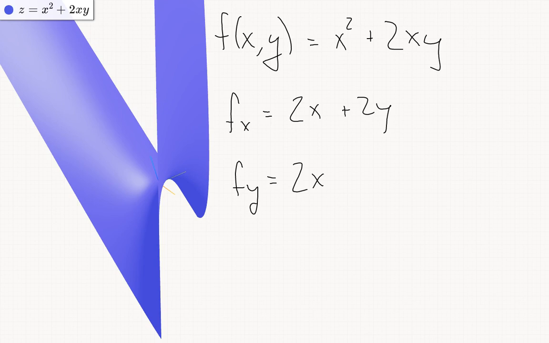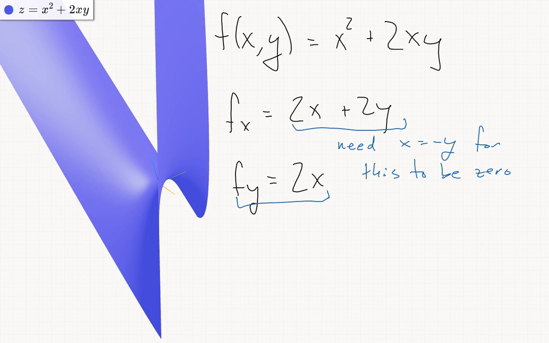So if we want to set these equal to 0 for the first derivative test, in order for fx to be 0, we would need x to be equal to negative y, and for fy to be 0, we would need x equal to 0.